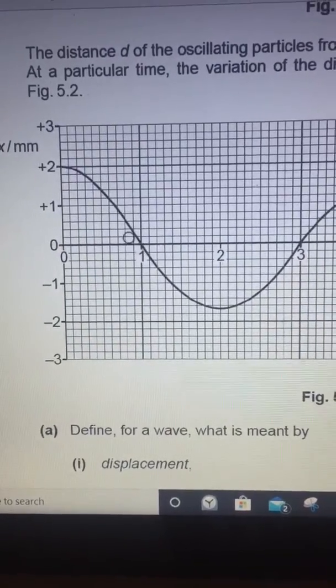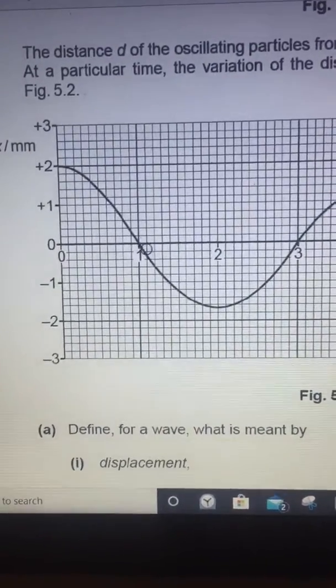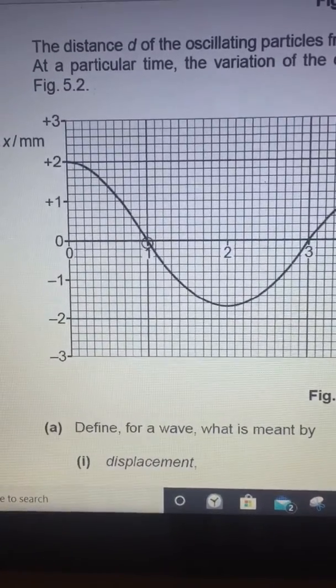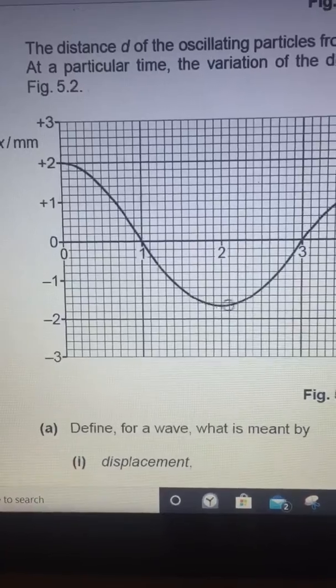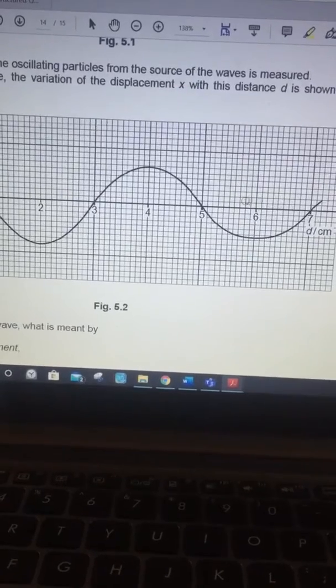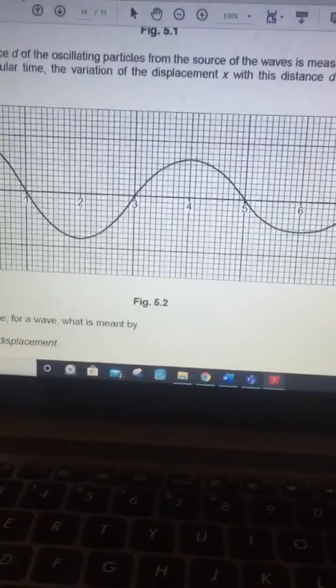So it's better we start here where we know for a fact that this is the equilibrium point. So one cycle goes 5 minus 1, 4 centimeters, 4.0 centimeters.